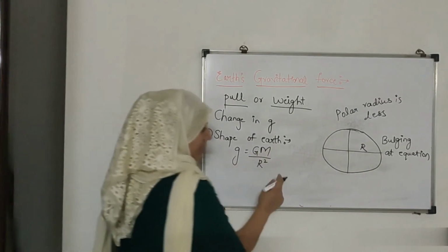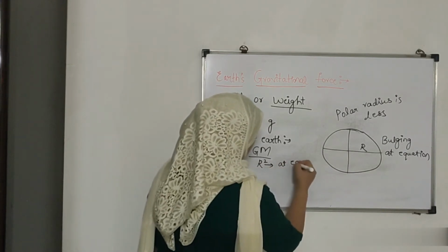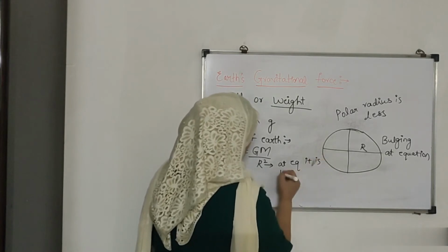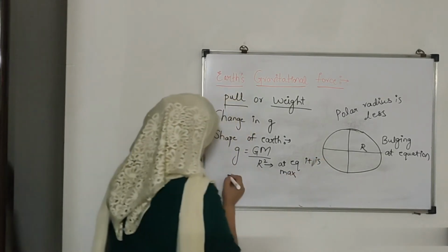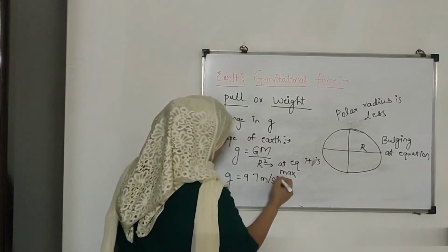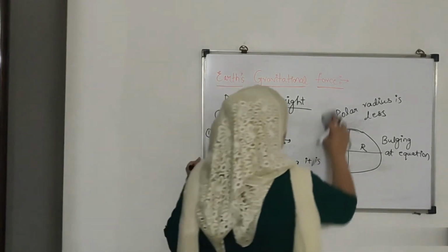So at the equator, the radius is maximum. That means g becomes minimum, and that value is 9.7 meter per second square. It's a very slight difference due to this shape.